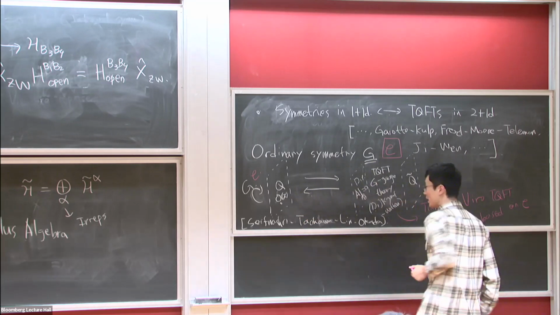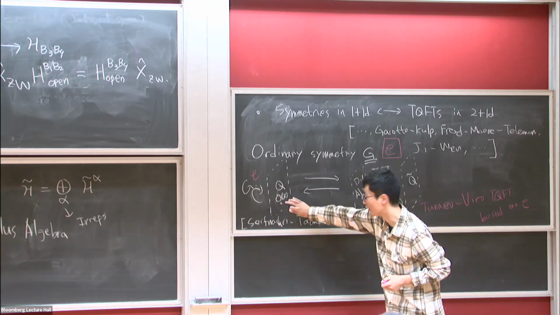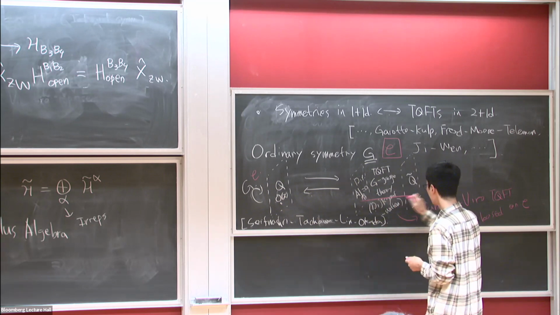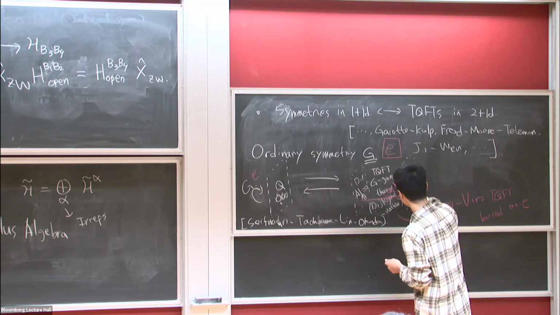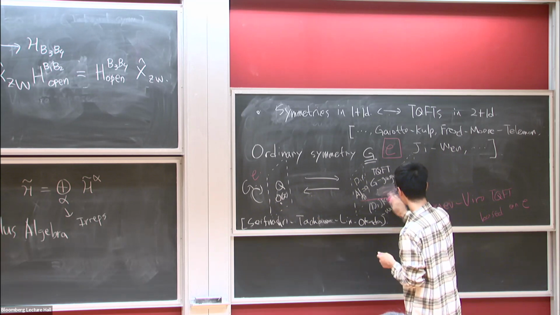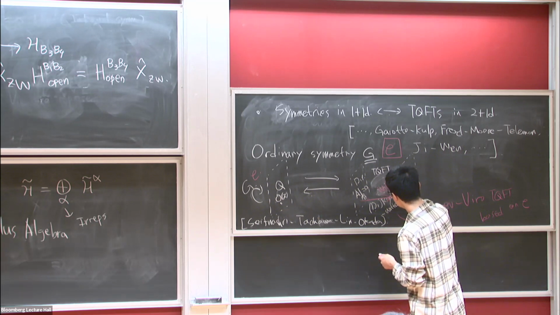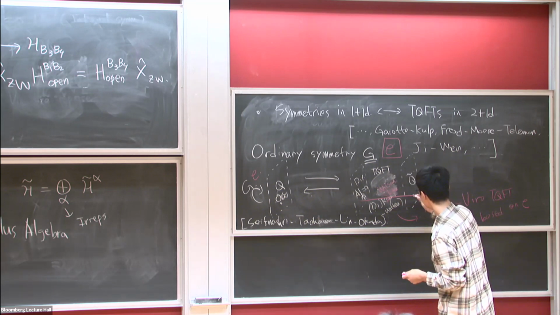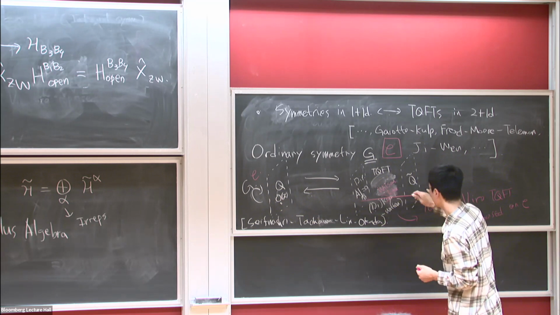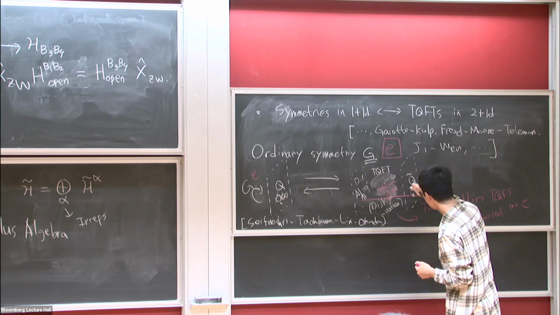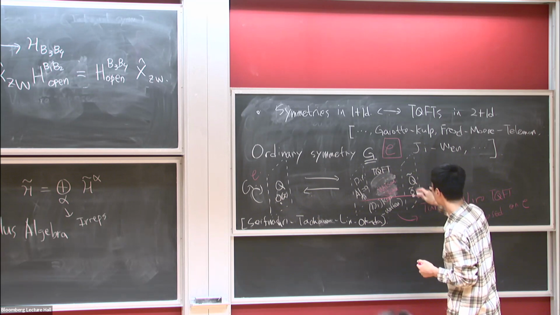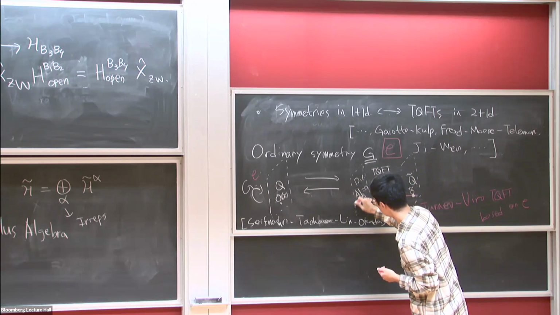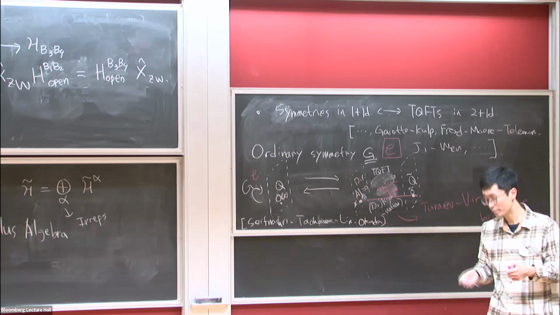And on the 2+1D side, since we are gauging the G symmetry, this charged operator must be attached to a Wilson line. There will be a Wilson line for the G gauge field stretched in the bulk of this theory. This Wilson line ends on this side, which is basically the same as the Wilson line can terminate on the Dirichlet boundary.